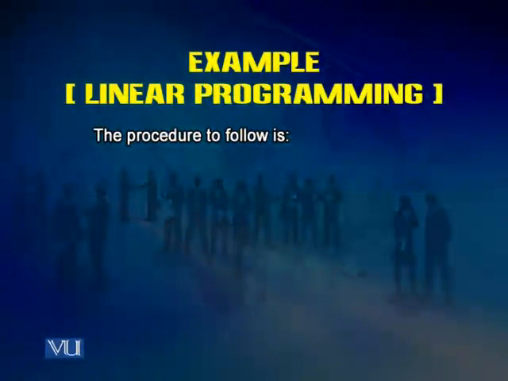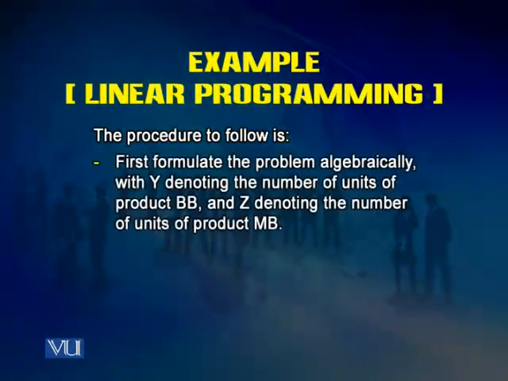The procedure to follow is, first, formulate the problem algebraically with Y denoting the number of units of product VB and Z denoting the number of units of product MB. So now we'll look at the procedure to follow in formulating our linear program.